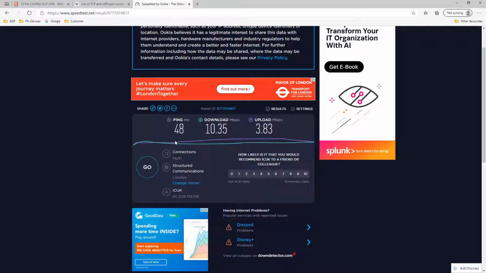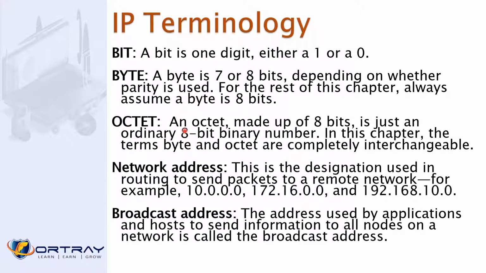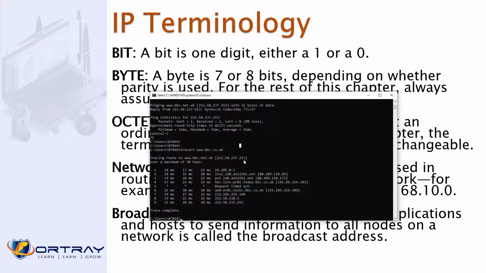An octet is made of 8 bits. For example, take the IP address we have, 212.58.237.253. This is one octet, this is the second octet, this is the third octet, and this is the fourth octet. So in total the IP address has 4 bytes.